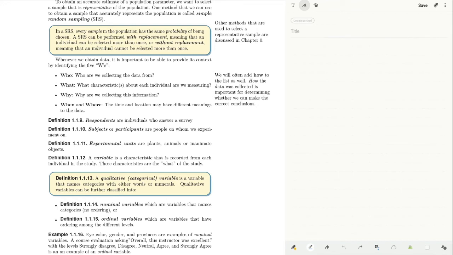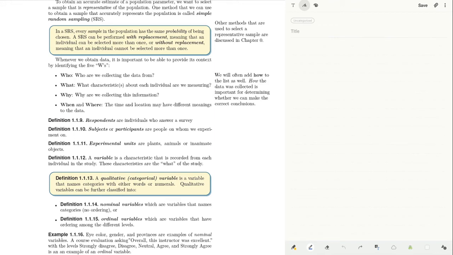And it can be performed with replacement, which means that an individual can be selected more than once, or without replacement, meaning that the individual cannot be selected more than once. And there are other methods that are used to select a representative sample and which are explained in the assigned readings.